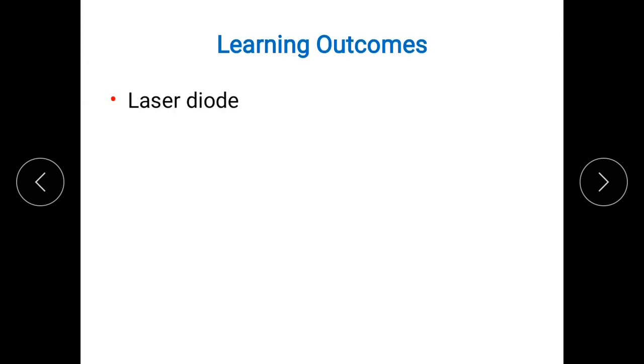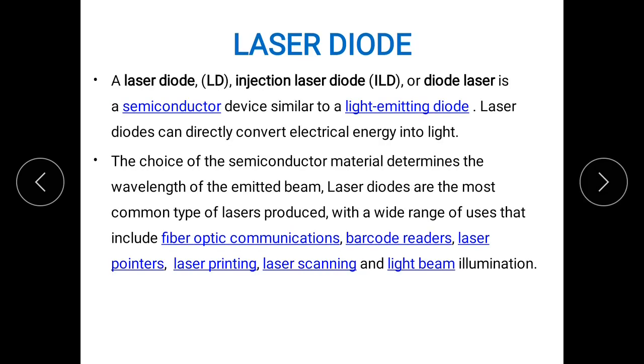In this video, we are going to learn about the laser diode. First we see what is the full form of laser. As we know, the name laser contains 5 letters, that is LASER.